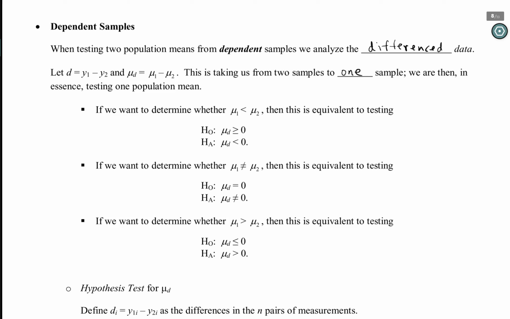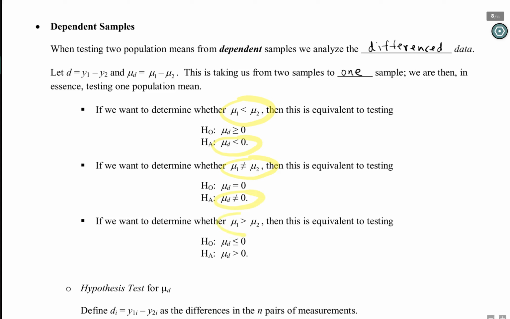So if you're in the dependent samples paradigm and you want to check to see if mu1 is less than mu2, that's a left tail test on the mean difference being negative. That's the alternative hypothesis. If you want to check to see if mu1 is different than mu2, that's the same as checking to see if the mean difference is not 0.